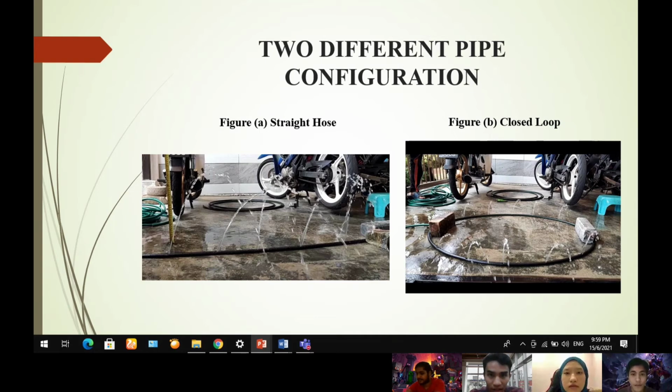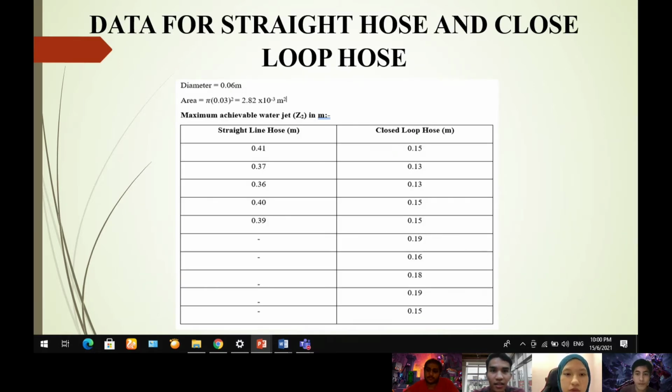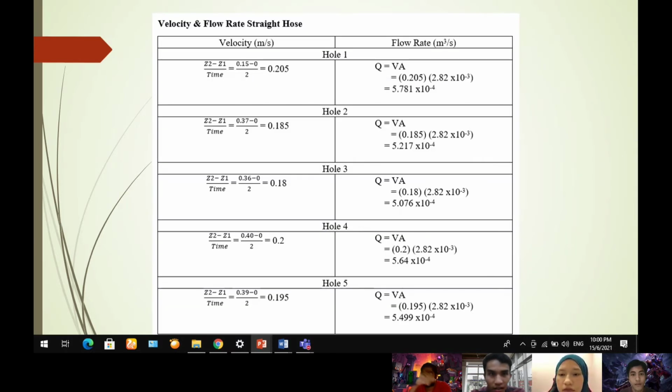There are two different pipe configurations. This is figure A, straight hose, and figure B, closed loop. This is the data for the straight hose and closed loop hose. Next, we measure the velocity and flow rate for the straight hose.